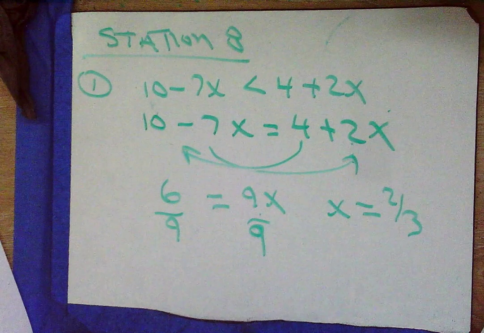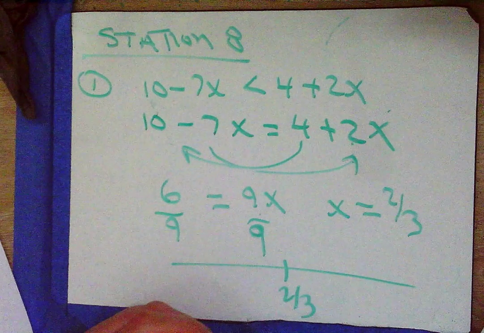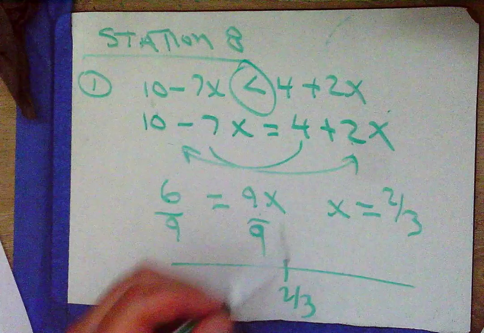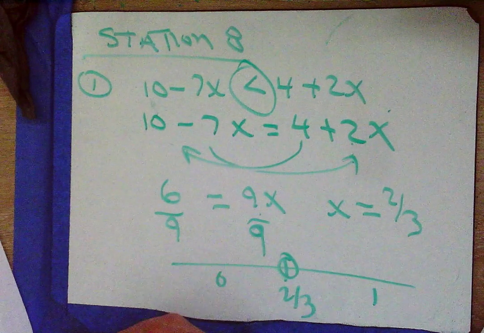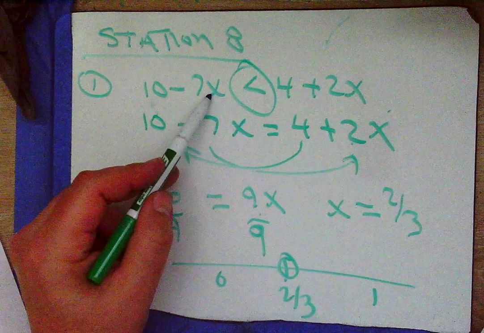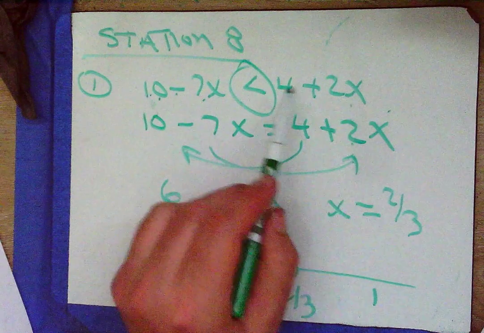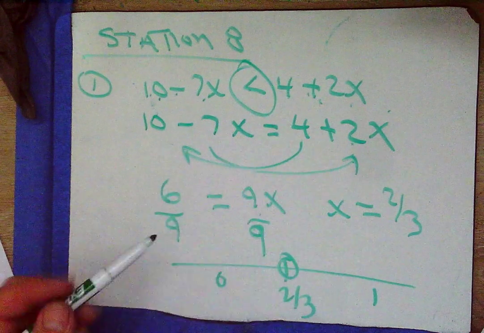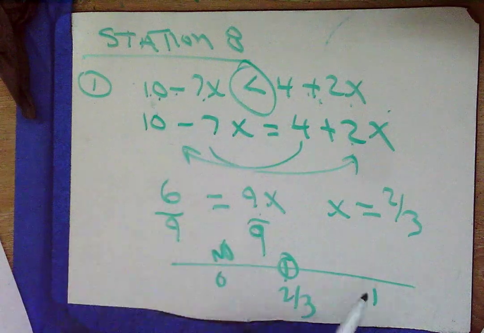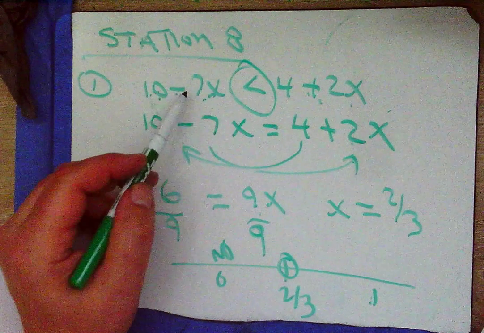All right, now that's not my answer. That's my critical number. I put that on my number line. Can't be equal to, so that gets an open circle. Let's try 0 and 1. If I plug in a 0 here, I get 10 minus 0 is 10. If I plug in a 0 here, I get 4. So I've got 10 is less than 4. No, it isn't. What if I plug in a 1? 7 times 1 is 7. 10 minus 7 is 3.